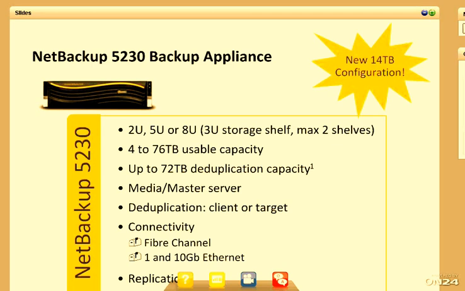Built into the platform is the ability to do deduplication at client or target. Now, it should be mentioned that the 5230 appliance itself comes with no NetBackup licensing. The licensing is acquired separately. So the intent behind that is that you decouple your ability to do backups from your hardware to do backups.